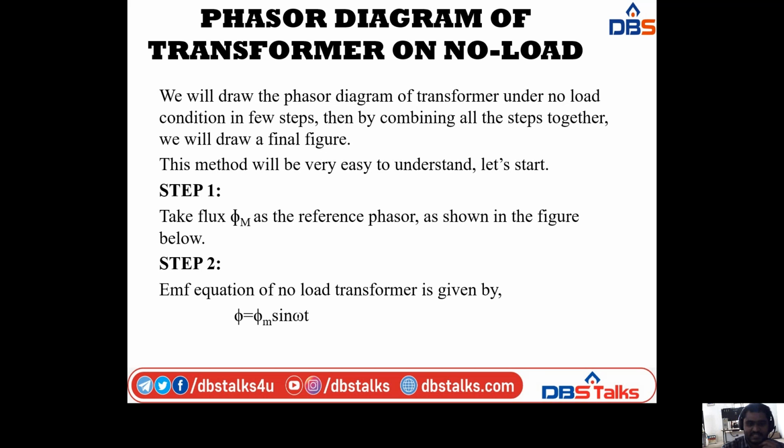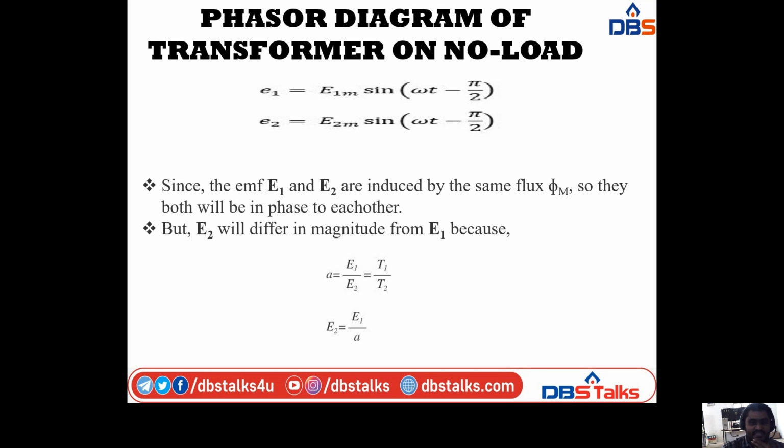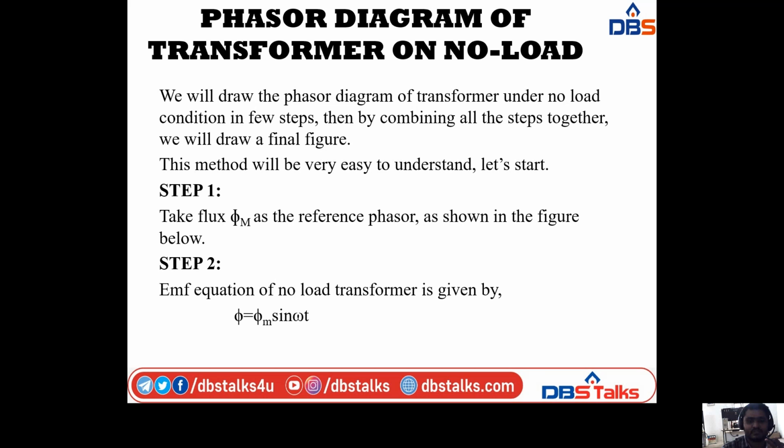So actually flux phi is equal to phi m into sin omega t. By using this we have E1 is equal to E1 m sin of omega t minus pi by 2, and E2 is equal to E2 m sin of omega t minus pi by 2. These are the EMF equations of no load transformer.